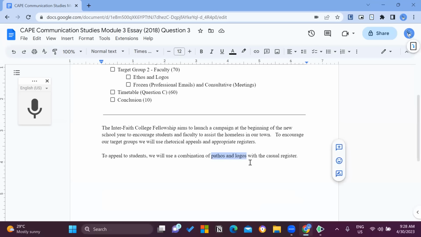I'll be using pathos and logos, and the language register is a casual register for the students. And this is to keep communication relatable among us.